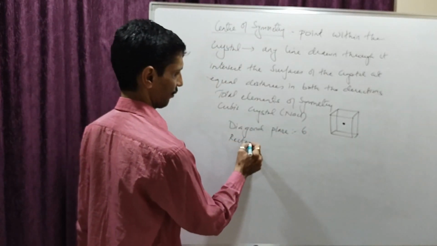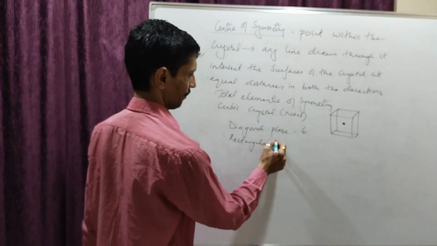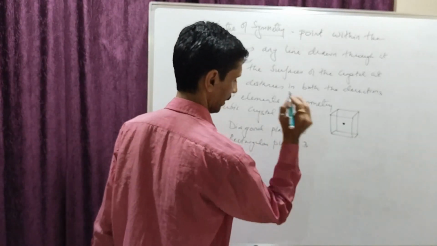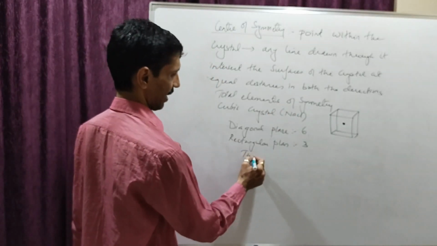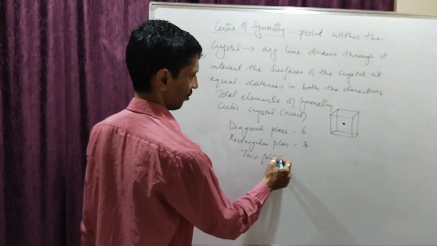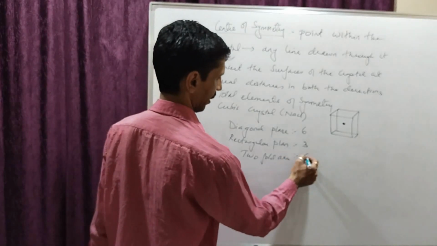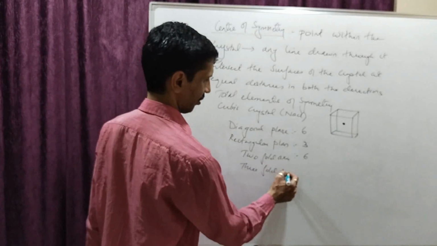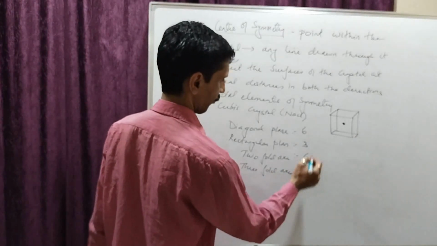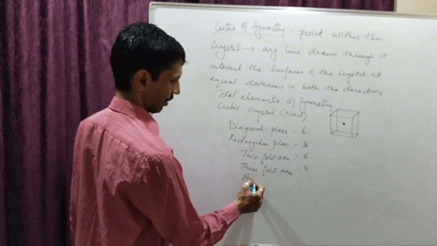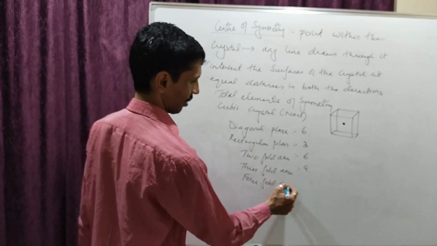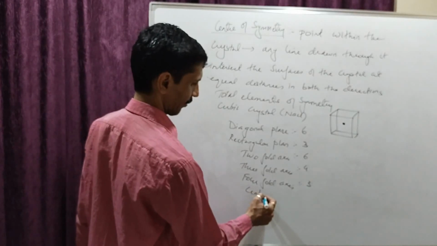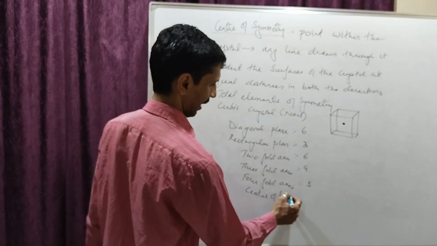Next, I have rectangular planes, that is 3. Next, I have twofold axes, that's going to be 6. Then I'll have threefold axes, that will be 4. I'll have fourfold axes, and that's going to be 3.